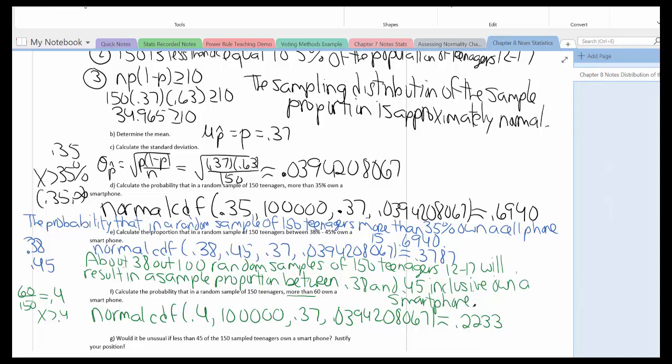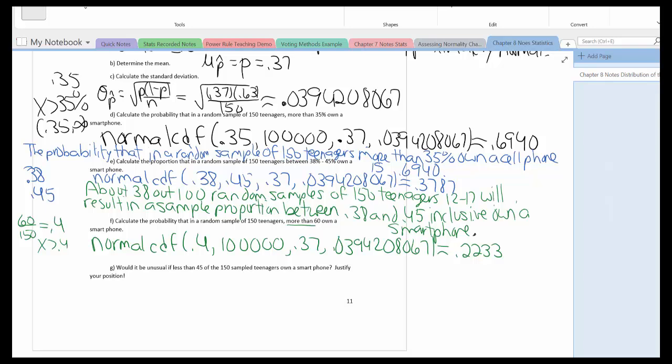Okay, one more example. Would it be unusual if less than 45 of the 150 sampled teenagers own a smartphone? Justify your position. Okay, so first off, 45 out of 150, put that in the calculator, that is 3/10, so we're talking less than.